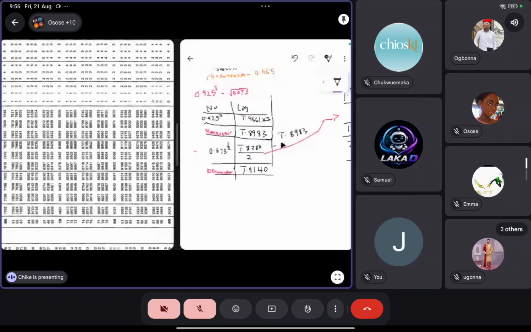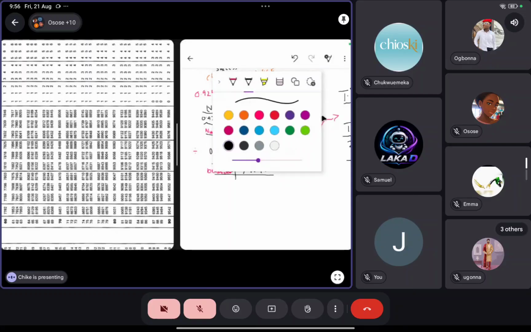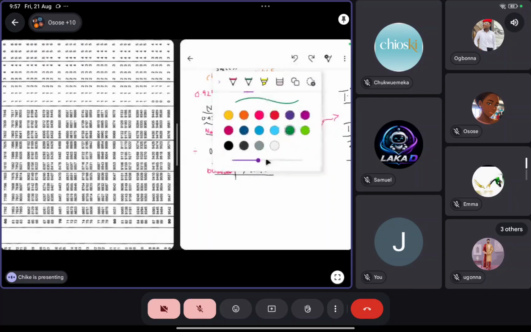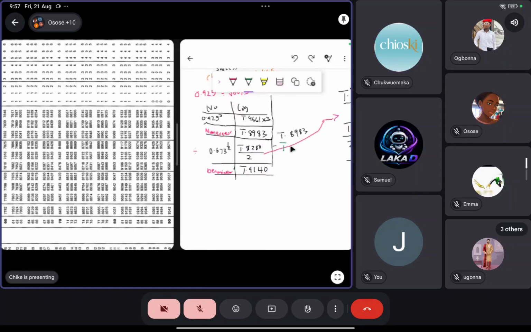So I'll bring it here, let me use a different color for it, as bar 1.9140.